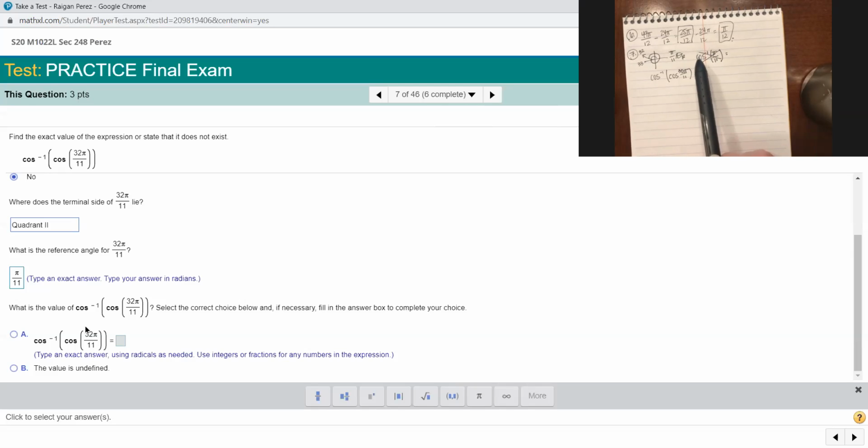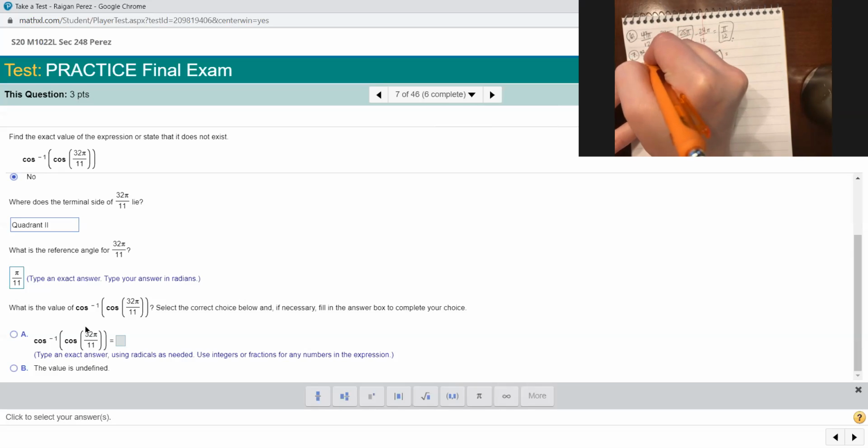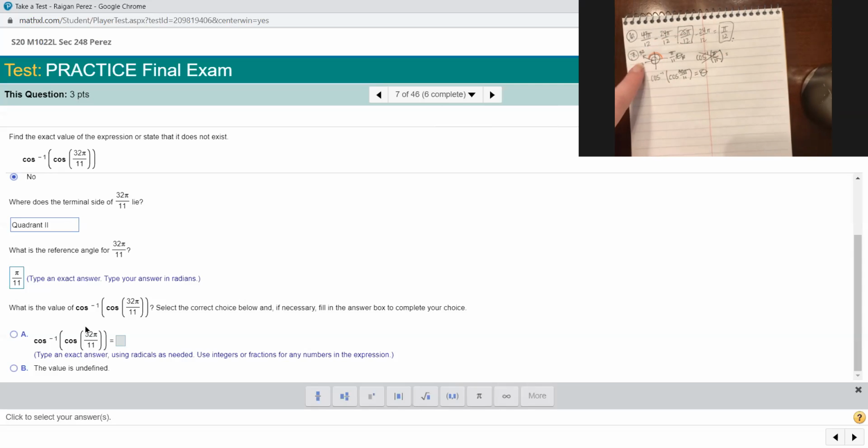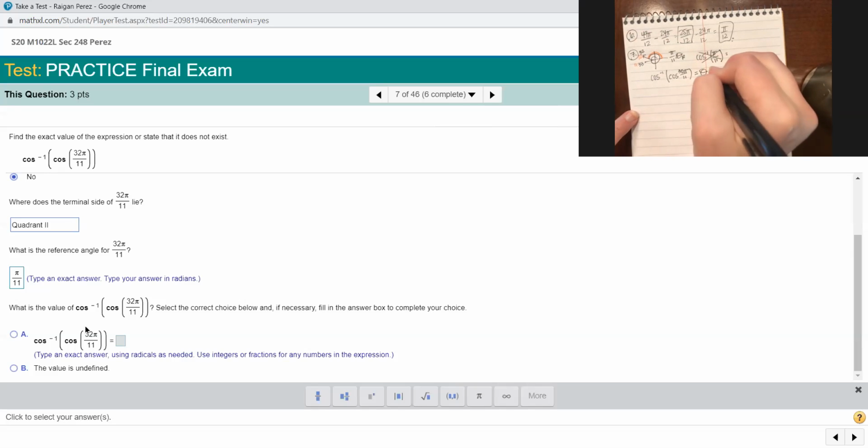But my reference angle is pi over 11. So what pi over 11 angle is right here? So basically, I'm looking for what is this orange angle right here because it starts and stops in the same spot. So if this is 11 originally, 1 less than that would be 12. So your answer is 12 pi over 11.